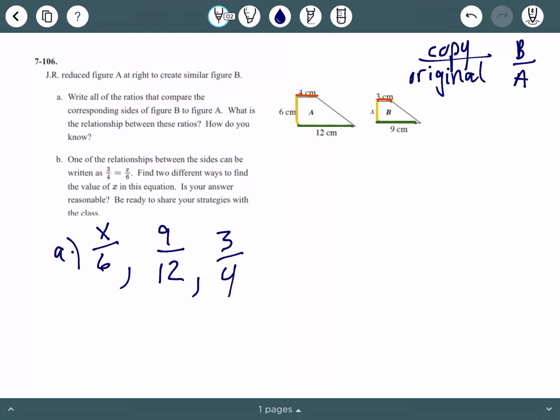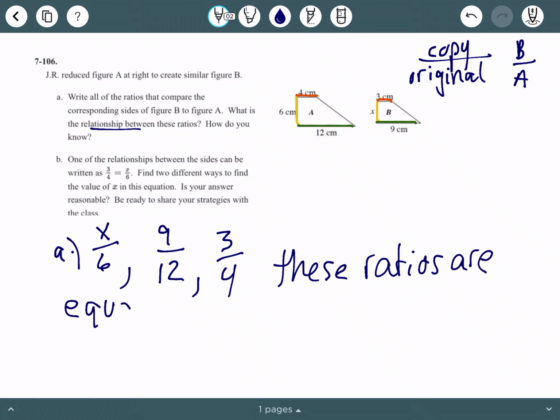And then we need to talk about what is the relationship between these ratios. Well, these ratios are still equal, so we will say these ratios are equal. How do you know?